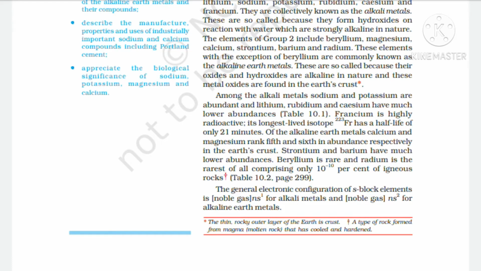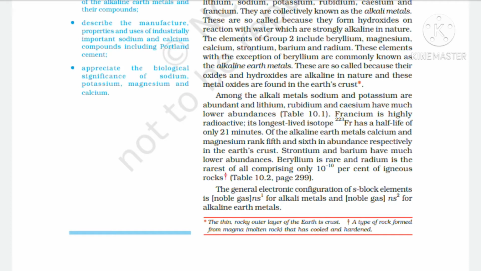These are so called because they form hydroxides on reaction with water, which are strongly alkaline in nature. The elements of group 2 include beryllium, magnesium, calcium, strontium, barium and radium.